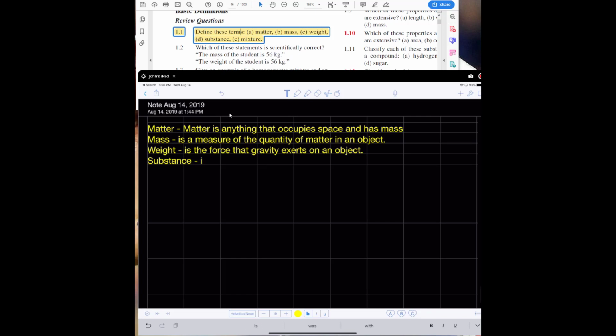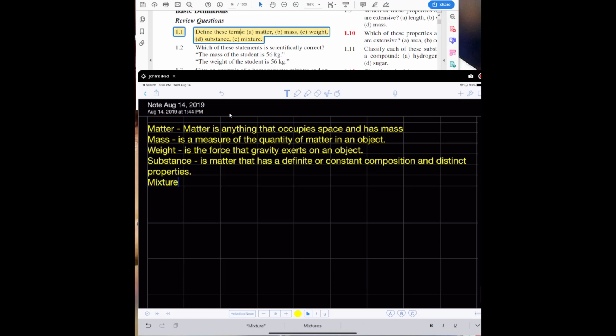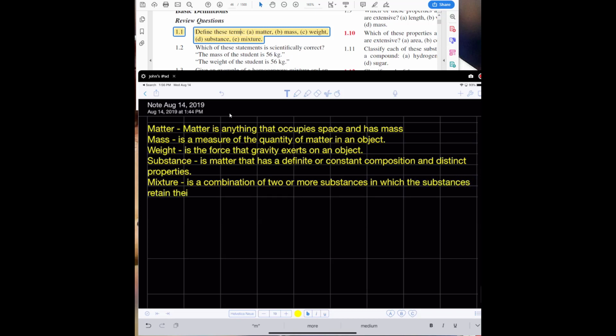A substance is matter that has a definite or constant composition and distinct properties. And then the last part is mixture. Mixture is a combination of two or more substances in which the substances retain their distinct identities.